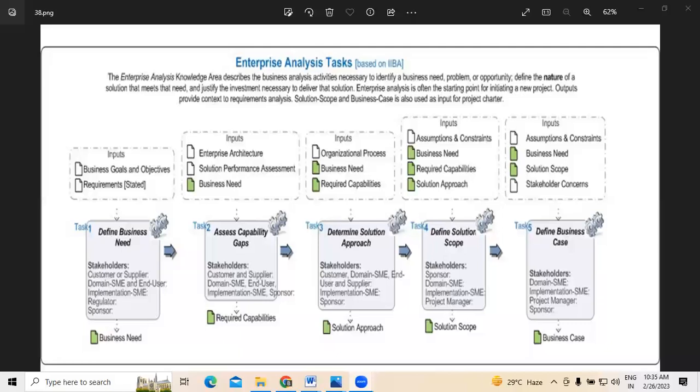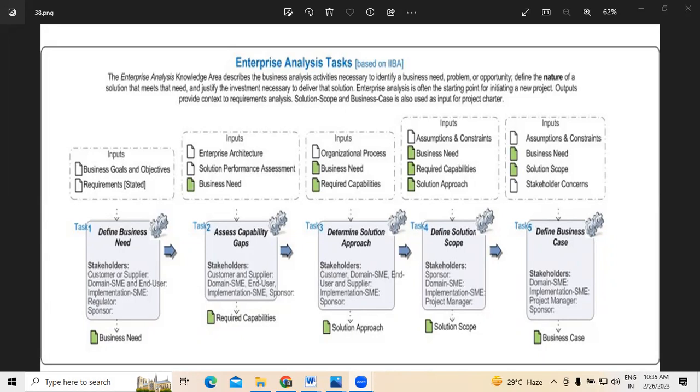The first point, you need to understand the current business situation. So what is the current business situation?